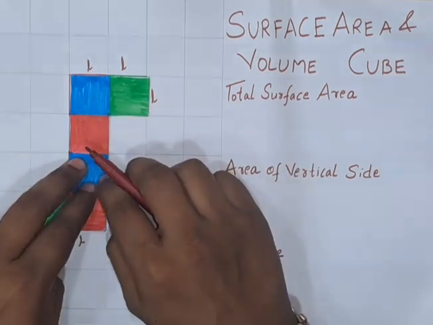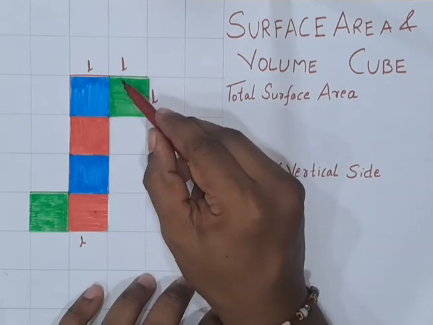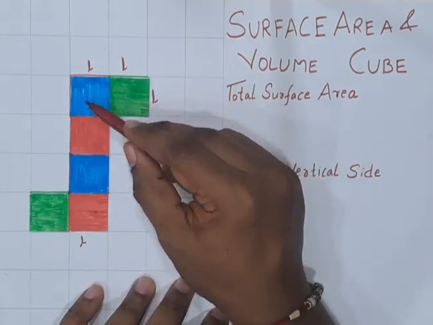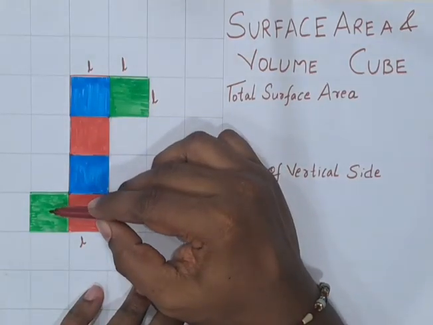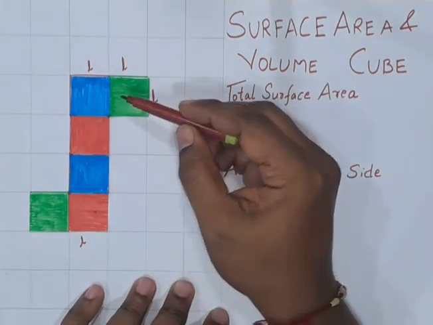What we are going to do is find the area of the green square and multiply it by 6, because the cube has 6 surfaces.